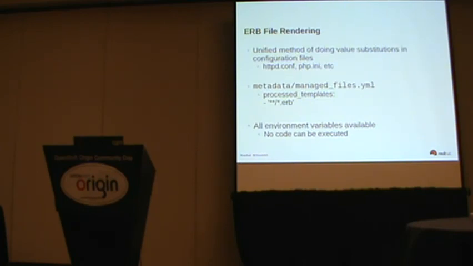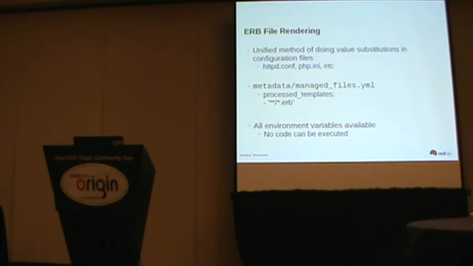So when we did V2, what we did was we settled on ERB processing, because we're a Ruby stack, so that made sense. And in the managed files, you can have a section there that's an array of templates that will walk through your code looking for these files and do substitutions, ERB processing on them.